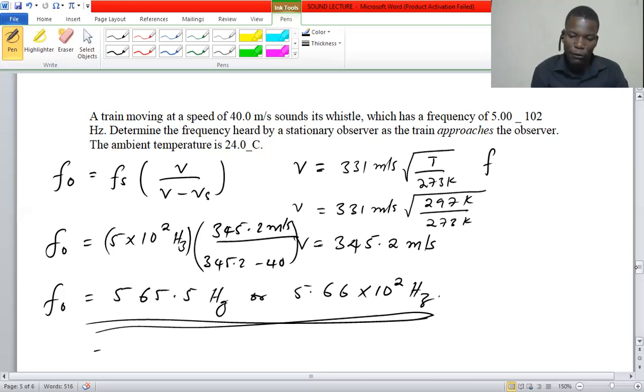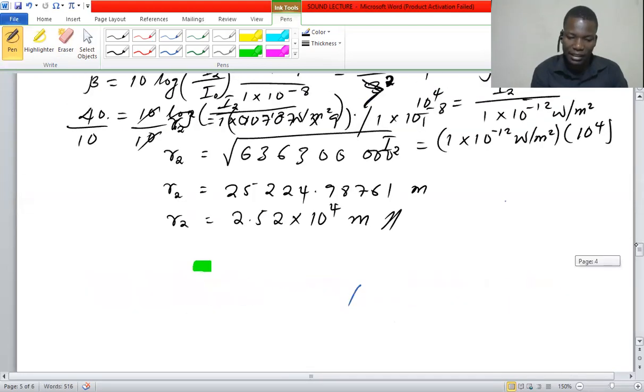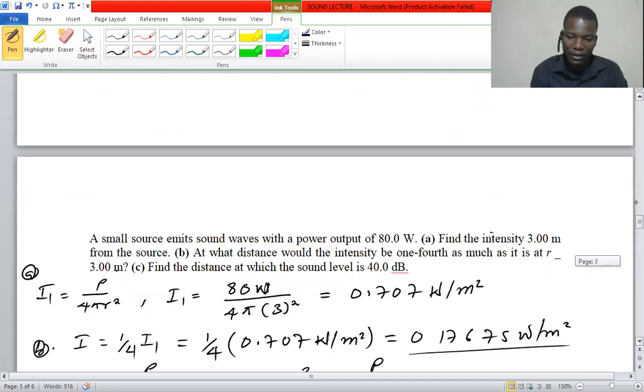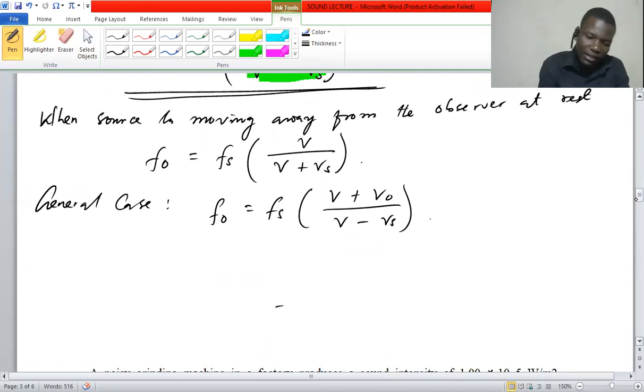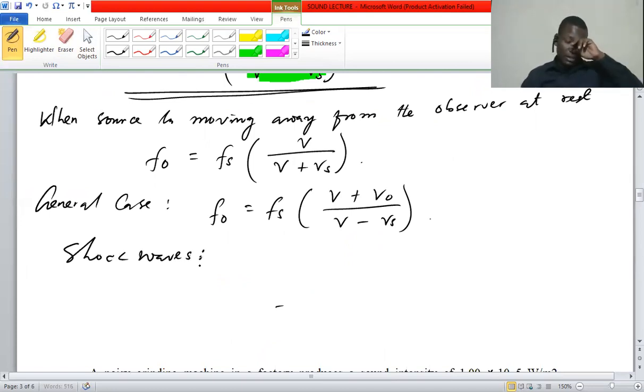Okay, so I think before I go, I can even touch somewhere on shock waves. I'll just say something on shock waves. So shock waves are actually waves that are produced when the source speed exceeds the speed of the wave, or the wave velocity.